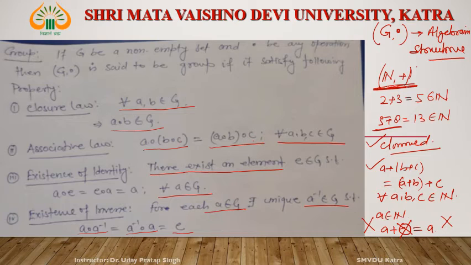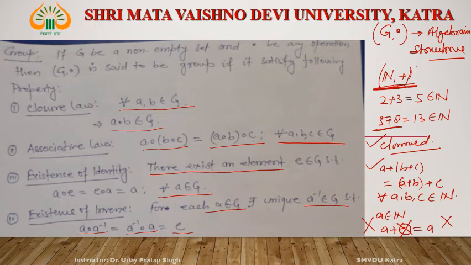If any algebraic structure satisfies these two laws, that is closure law and associative law, this type of structure is known as a semigroup. If any algebraic structure satisfies closure law, associative law, and existence of identity, then this is known as a monoid, right? We will discuss in detail later on.